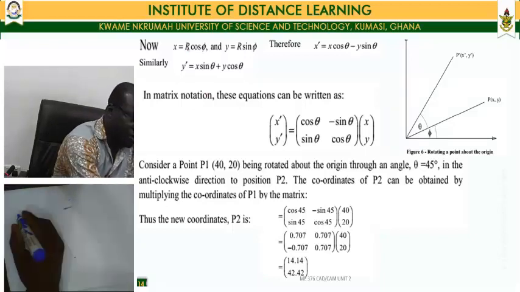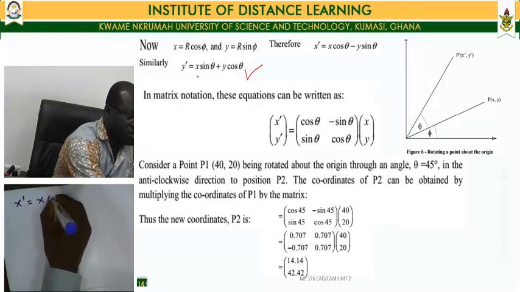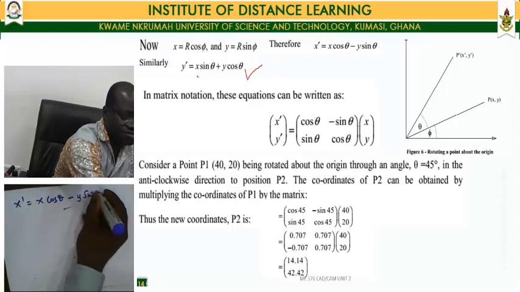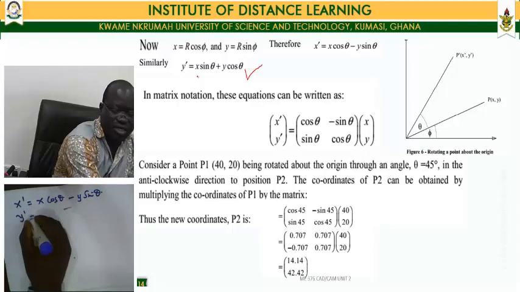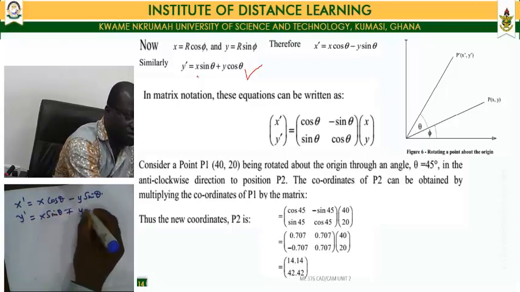So you have x prime as x cos theta minus y sine theta, and then we have y prime as x sine theta plus y cos theta.